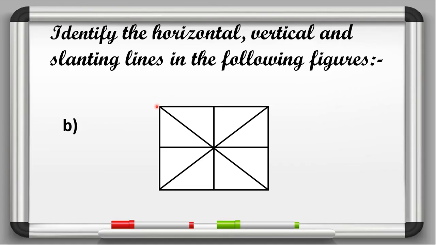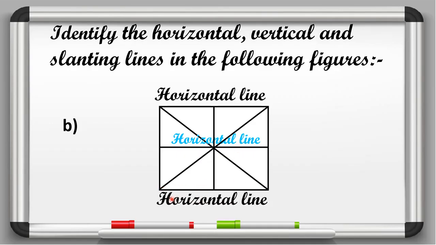Okay, so here we will write horizontal line first of all. Then next sleeping line is this. So again here we will write horizontal line. Okay, and at the bottom again horizontal line is given. So here again we will write horizontal line. So here in this figure we have three horizontal lines.